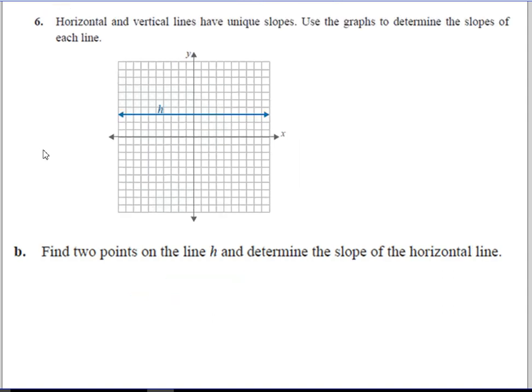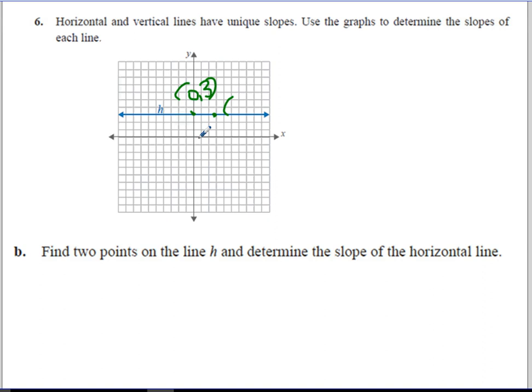Okay. So let's look at h. H is a horizontal line. And so if we determine the slope of this one, let's pick a point here and here. So we have 1, 2, 3, 0. Oh, sorry, I reversed that. We're going left to right, 0, up 3.